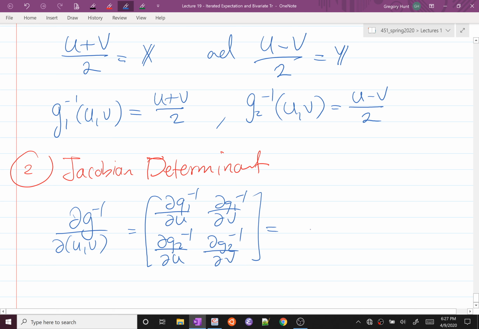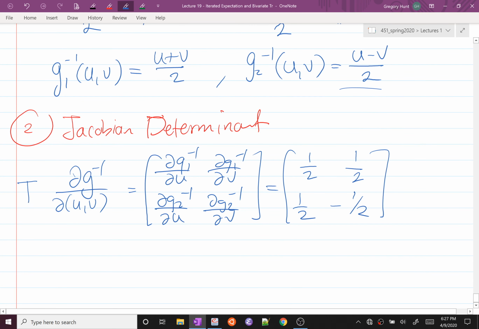In this case, our functions are real simple. g1 inverse is u plus v over 2. So if I take the derivative with respect to u, I get 1/2. If I take the derivative with respect to v, I get 1/2. g2 inverse is u minus v over 2. Derivative with respect to u, 1/2. Derivative with respect to v, negative 1/2.